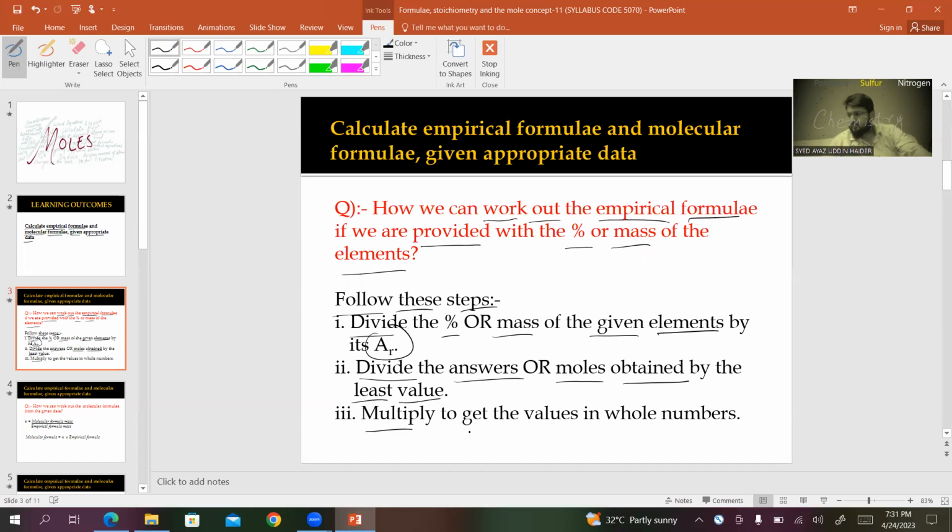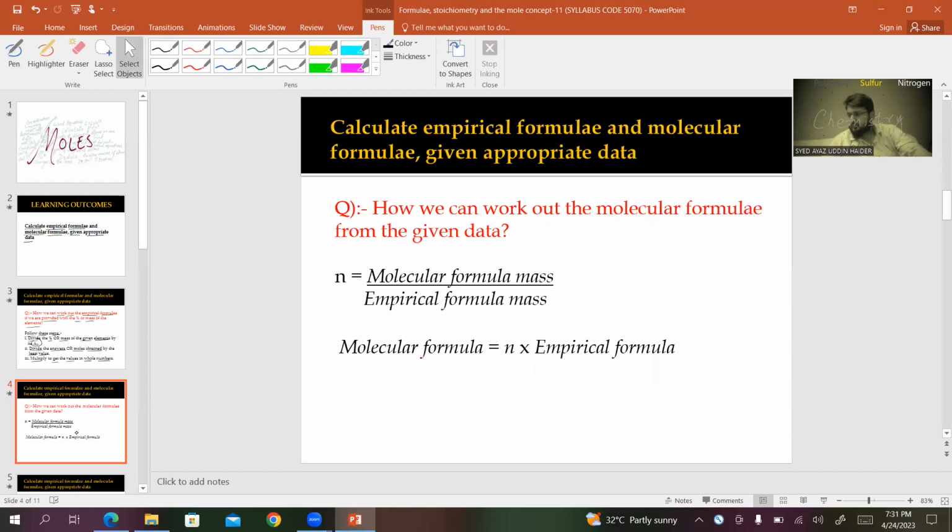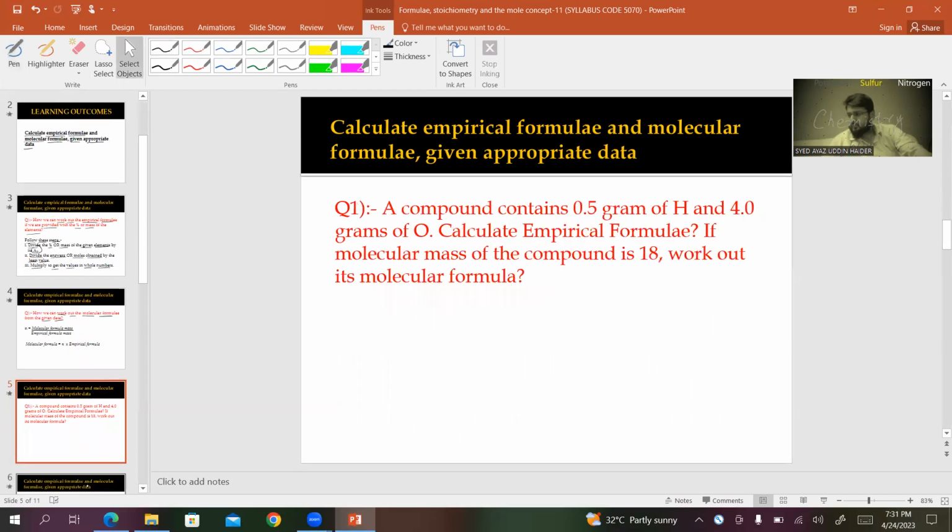Multiply the values to get the values in whole numbers. Now, how can we work out the molecular formula from the given data? We'll use this: n is equal to molecular formula mass divided by empirical formula mass. We'll get the answer in whole number, and then we'll multiply that whole number with each number of atoms in the given formula.